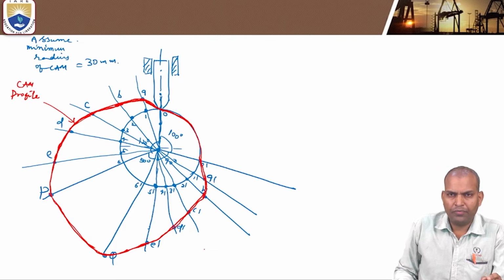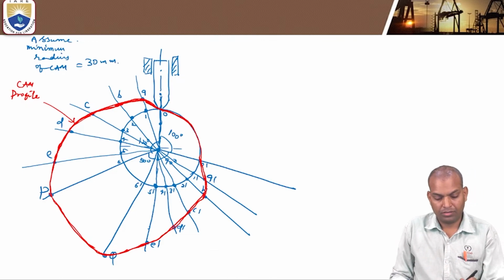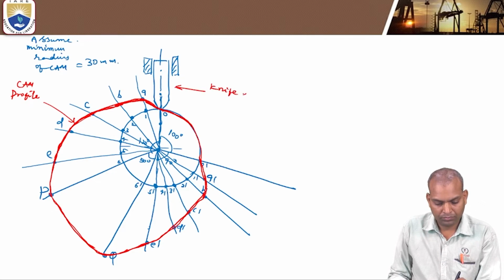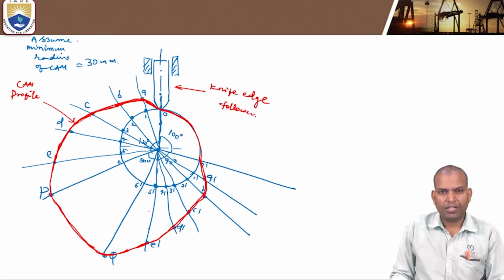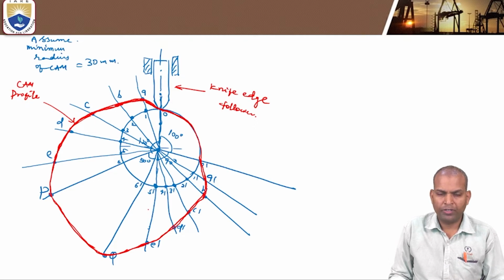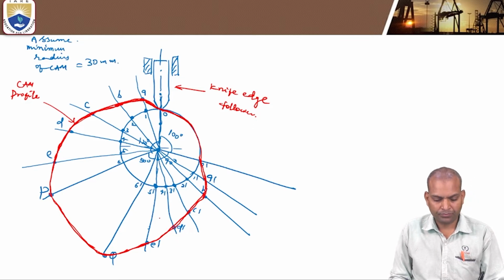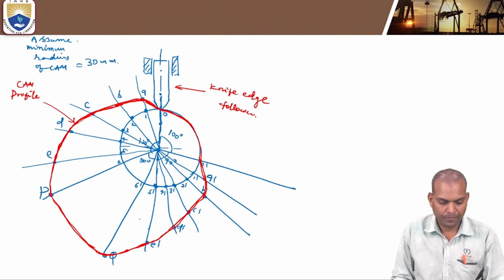The type of follower is a knife edge follower. During ascending, the follower has uniform velocity, and during descending it is simple harmonic motion. So this is the solution.